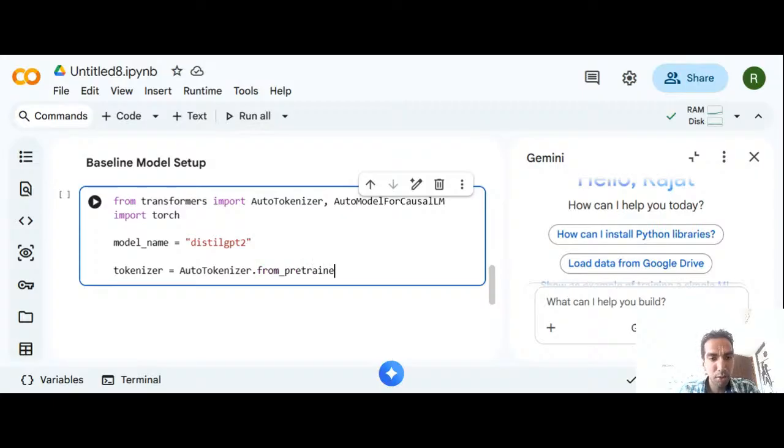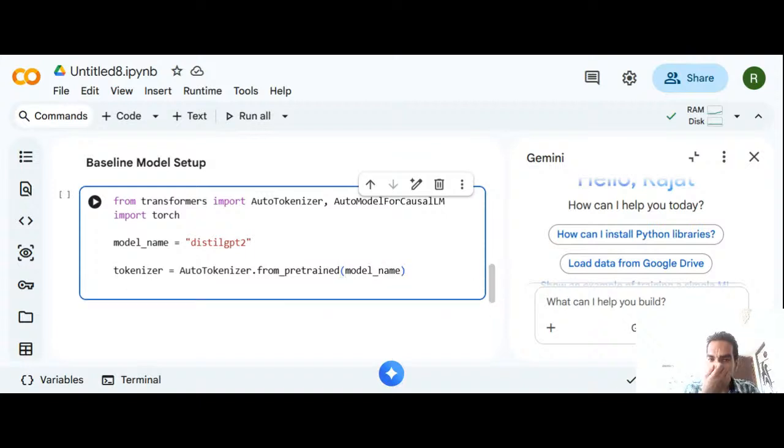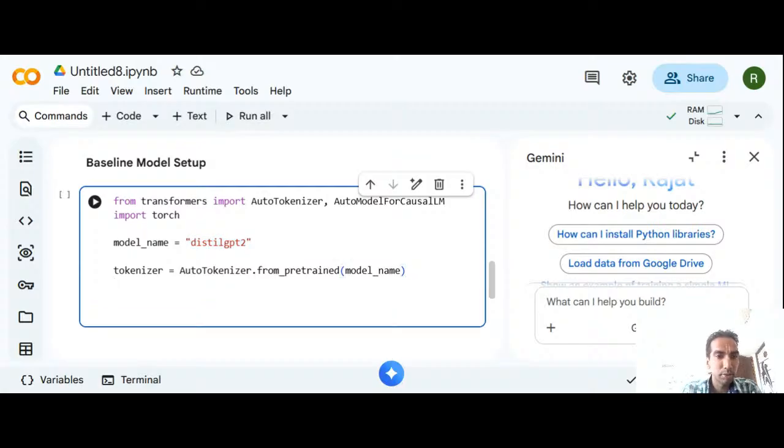So does anybody know what this from_pretrained AutoTokenizer does? This distilGPT-2 is a model which is fully deployed on production. So we are extracting the tokenizer which has been trained fully inside this distilGPT-2 model.